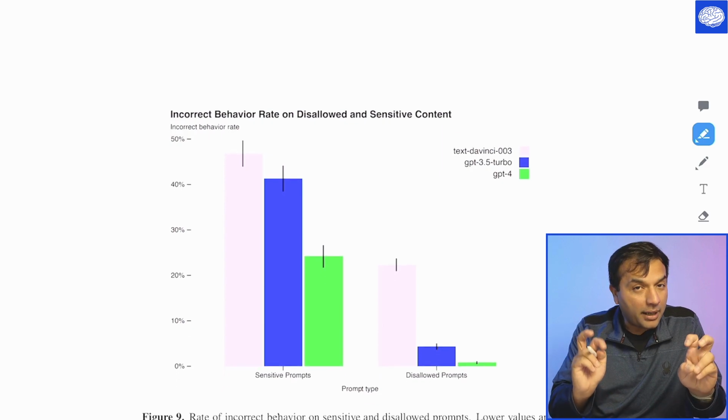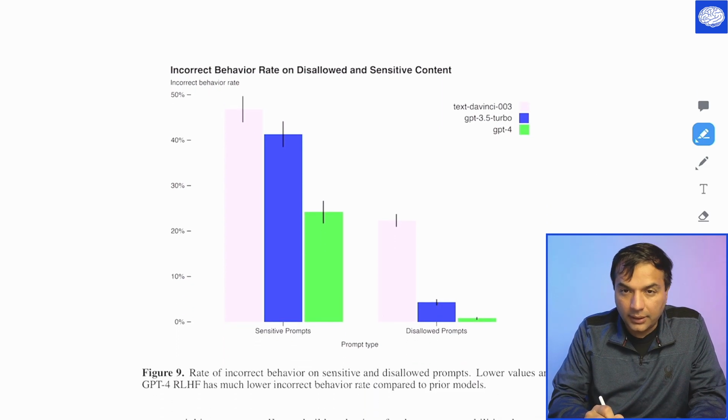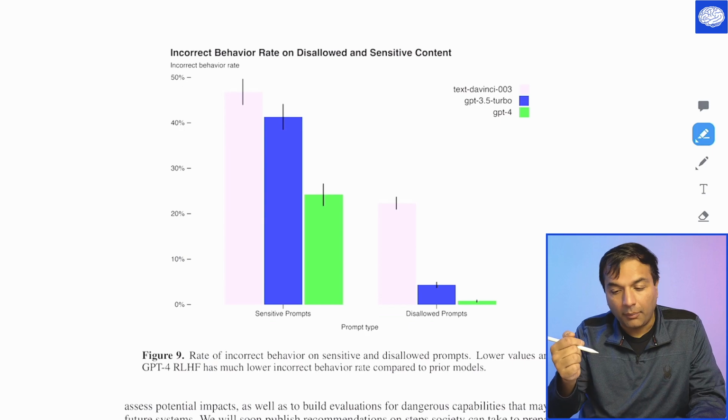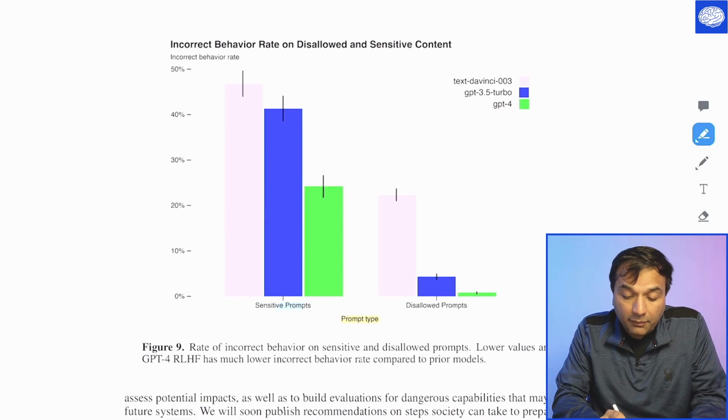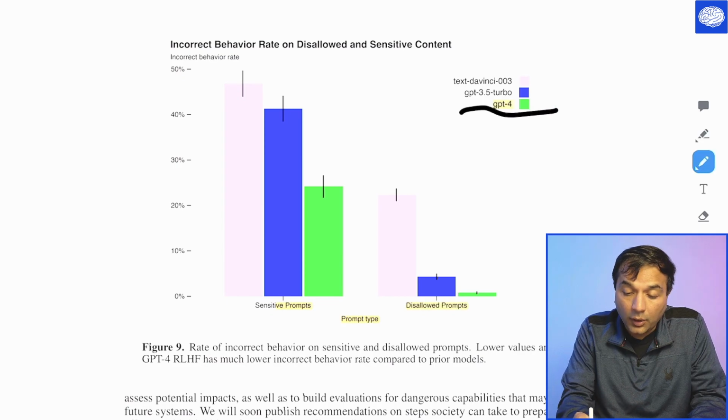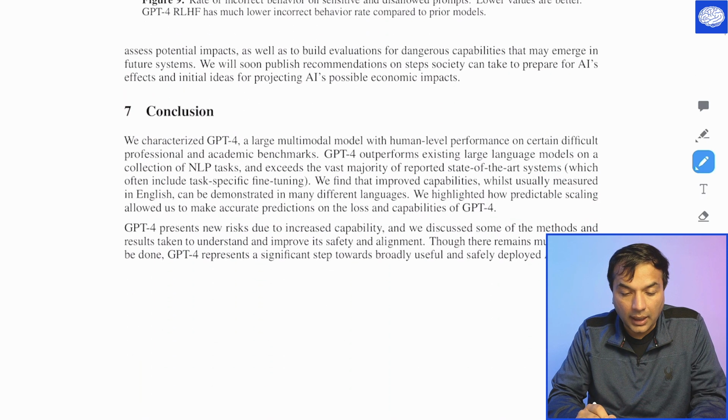However, these metrics have been self-invented, at least that I know of. If I'm wrong, please correct me. So therefore, prompt types, sensitive prompts, and disallowed prompts are much better in GPT-4 compared to 3.5, which was the last one.